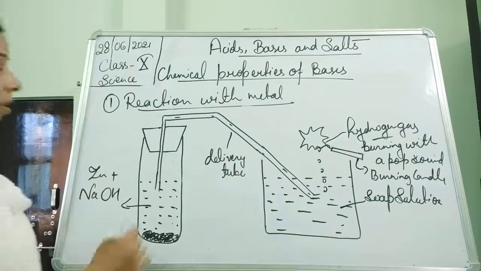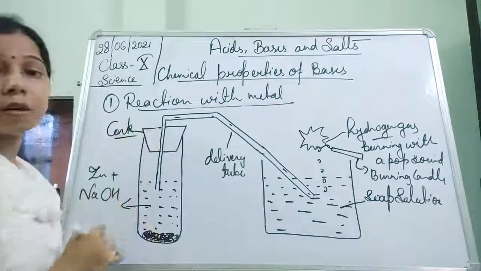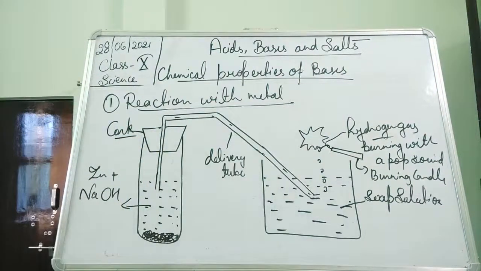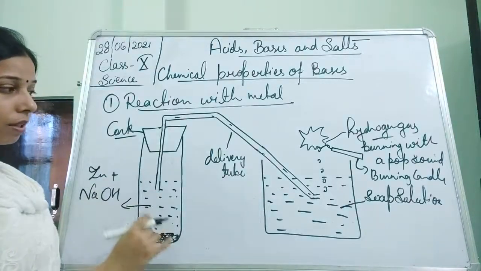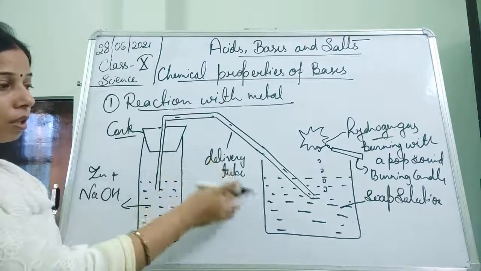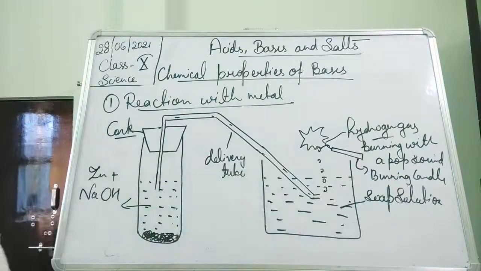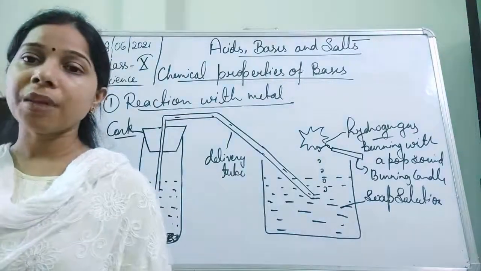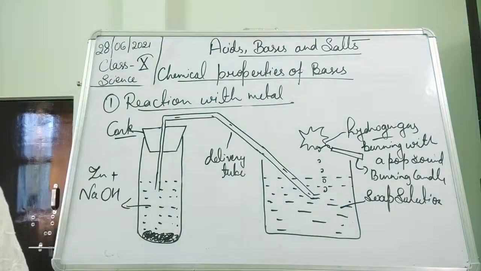Then this is the cork. Test tube having the sodium hydroxide and zinc granules in it. So after the reaction, the formation of the bubbles happens. Okay, so this is how the reaction of sodium hydroxide with zinc occurs, students.